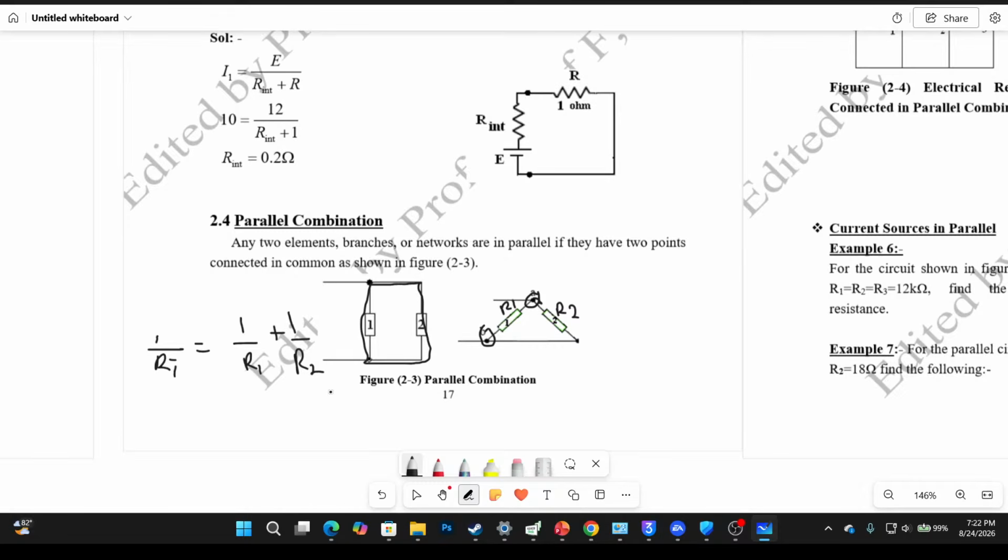Now, you make RT the subject and then calculate the total resistance, which will be RT equals R1 multiplied by R2 over R1 plus R2.